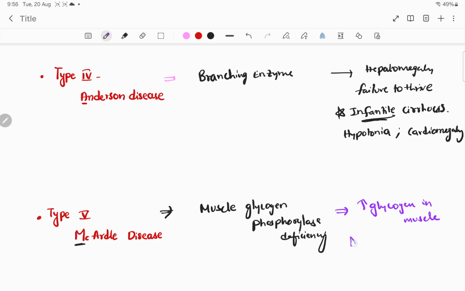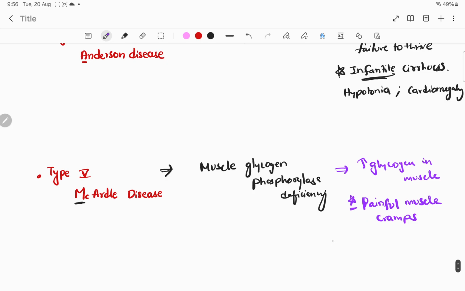Because of the excess glycogen, painful muscle cramps will be seen, and myoglobinuria, so red urine will be seen.